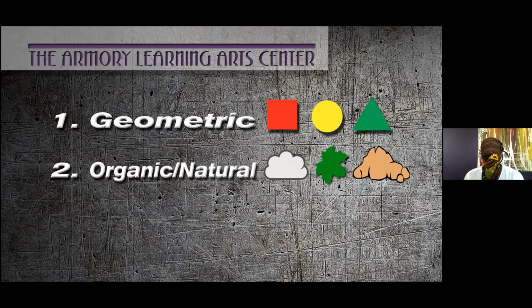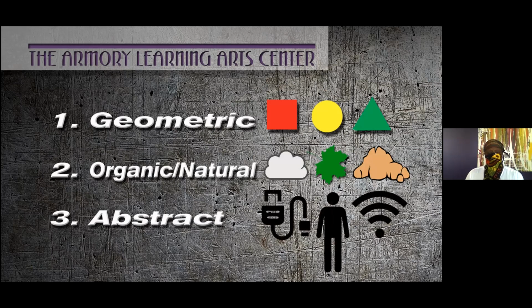Now, the third type of shape is an abstract shape. Abstract shapes are shapes that hearken or suggest things in nature or even manufactured things, but show you in its most basic, uncluttered, and streamlined way.